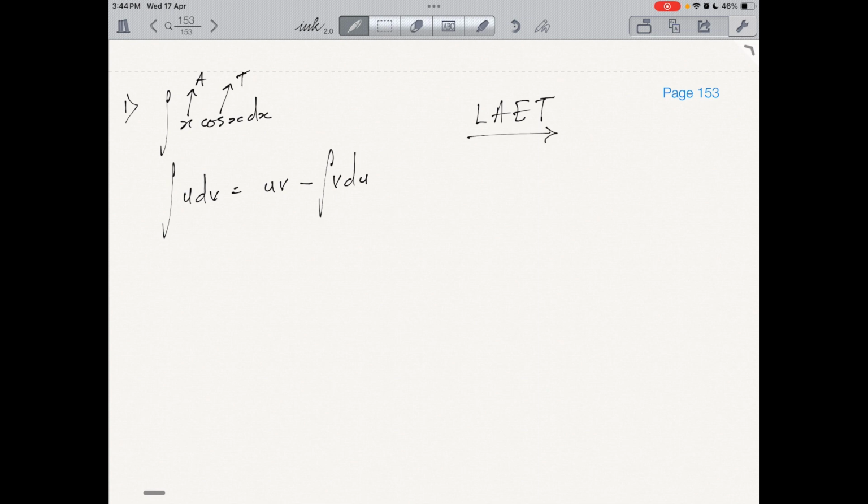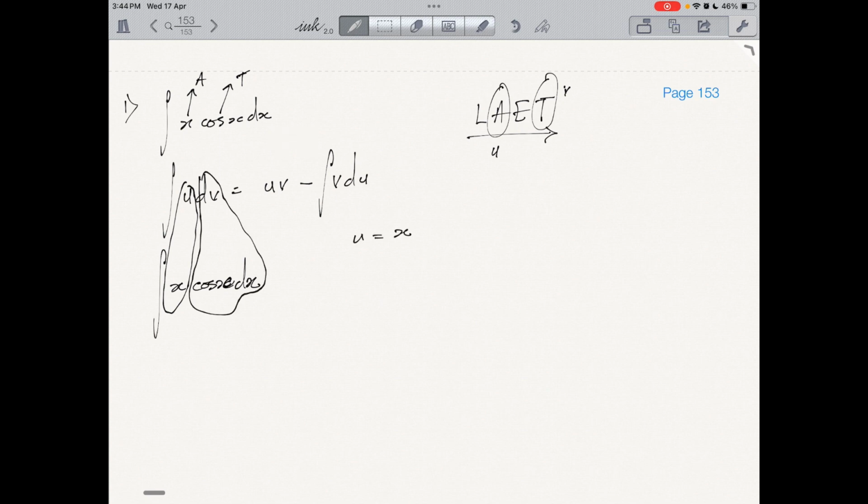So moving in a progressive format, we are going to meet arithmetic first, which will be our u, and trigonometric later, which will be our dv. So let us compare u dv to x cos x dx. Now we can say that u is equal to x and dv is equal to cos x dx.